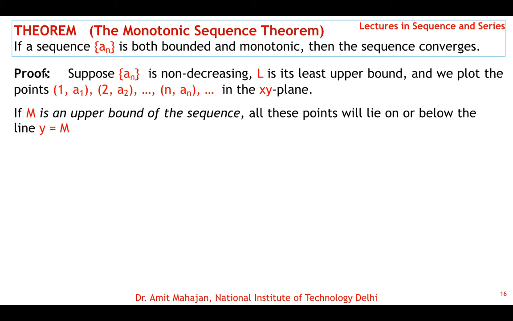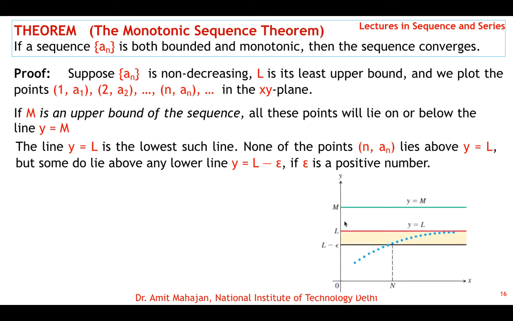We plot the points 1 comma a1, 2 comma a2, and so on in the xy plane. If M is an upper bound of the sequence, then all these elements a1, a2, a3 and so on will lie below the line y equals M.